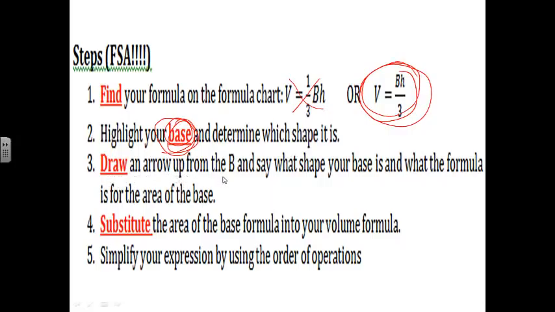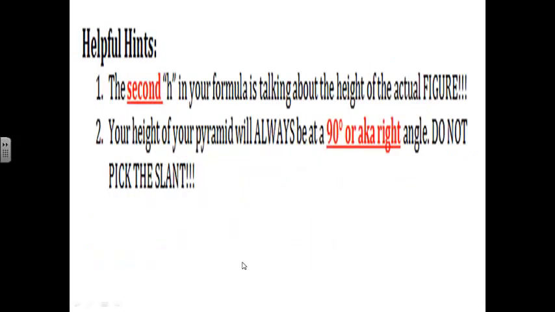Then draw an arrow from the capital B, which we call our big B, and say what shape your base is and what the formula is for the area of the base, which is your capital B. Okay, then you substitute the area of the base, which is our capital B, with the formula into your volume formula. So we're always going to replace this capital B with the area of our base. Okay, and then multiply it by the height of the whole entire figure. Okay, number 5, simplify your expression by using order of operations. So pretty much number 5 is solve.